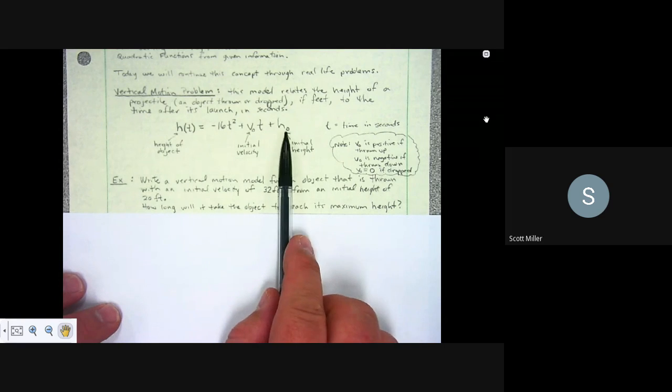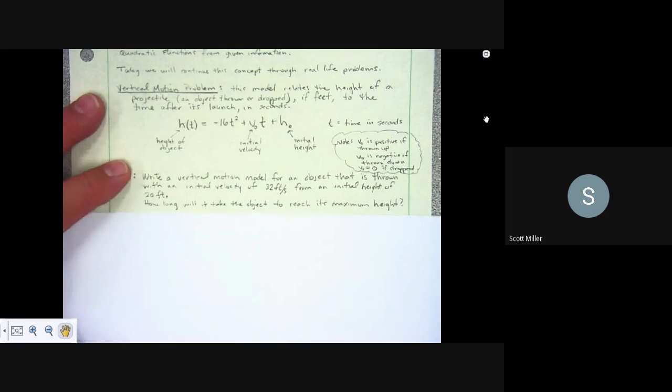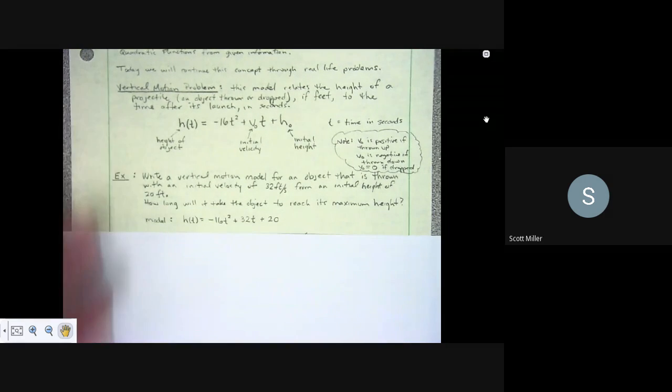So you have to find h sub 0 and v sub 0 and write those in there. The initial velocity is 32, so we plug in 32 for that. The initial height is 20 feet, so we plug in 20 for that. And when we do, we get this model right there. This is the equation you're going to use to answer this question.